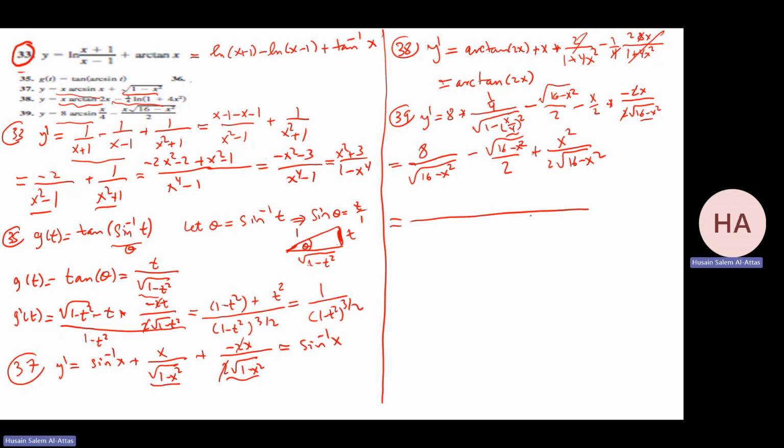So now I have a common denominator. And I have what is in the numerator. This one will give me 16. This one will give me 16 minus x squared, which is the product of the square root times the square root. And this one will give me plus x squared.